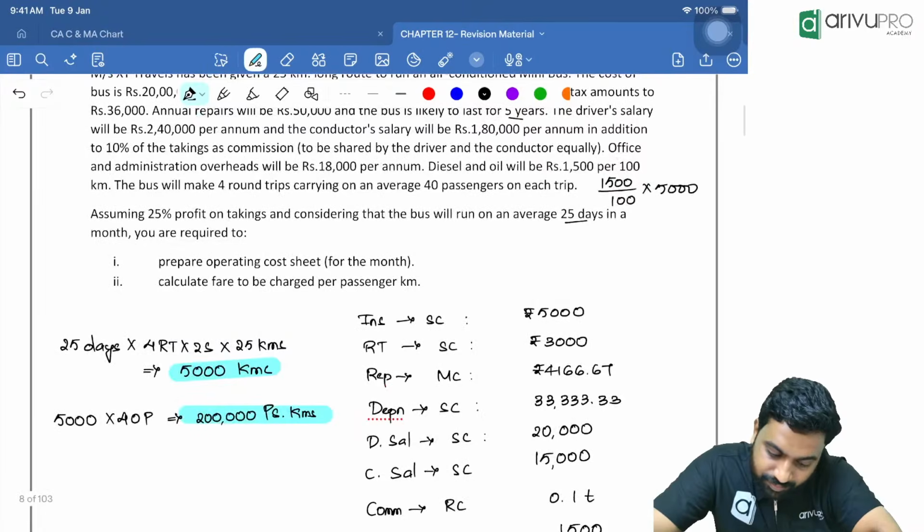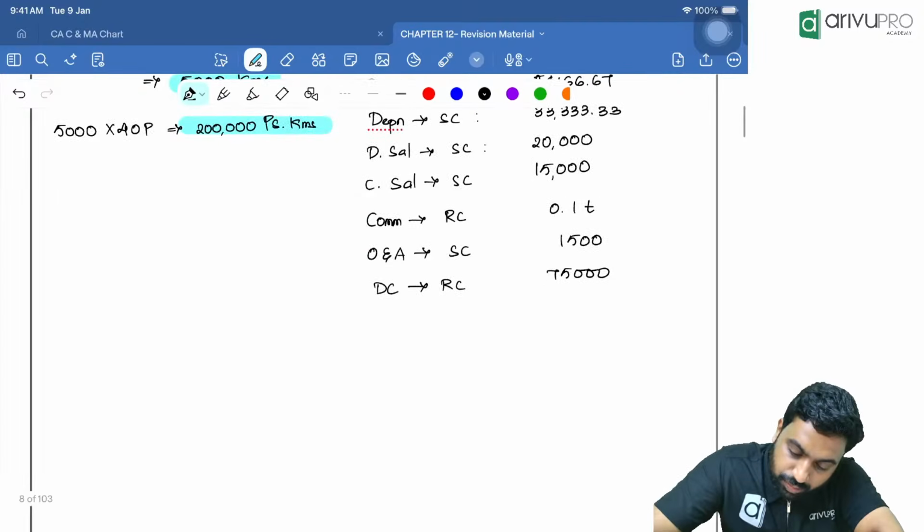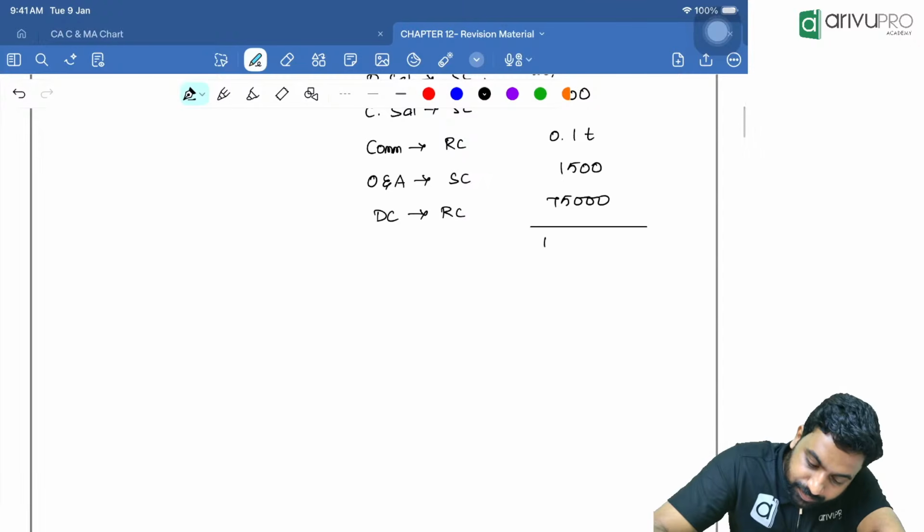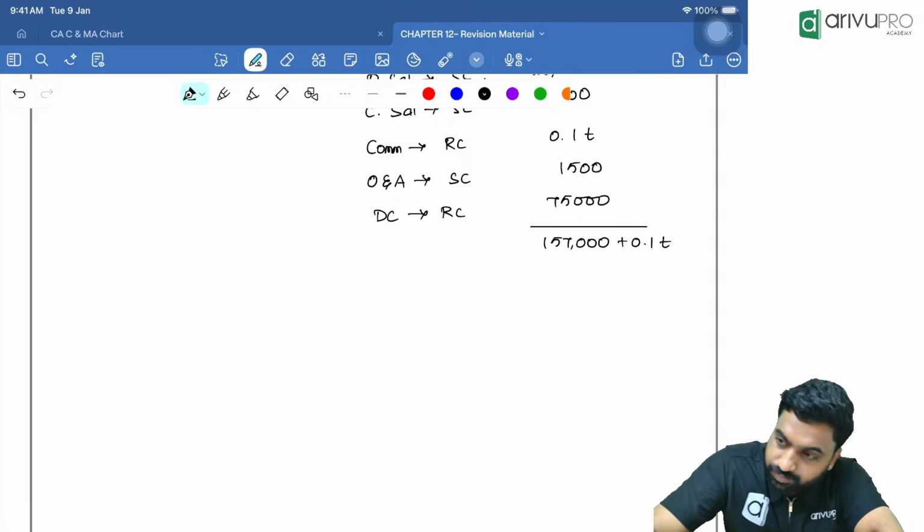Anything else? That's it. Now, the total cost here is 1,57,000 plus 0.1 T.